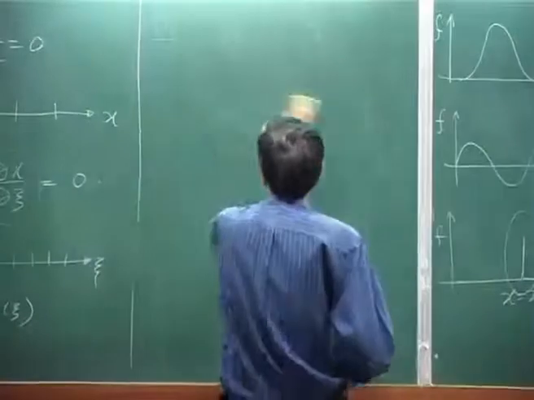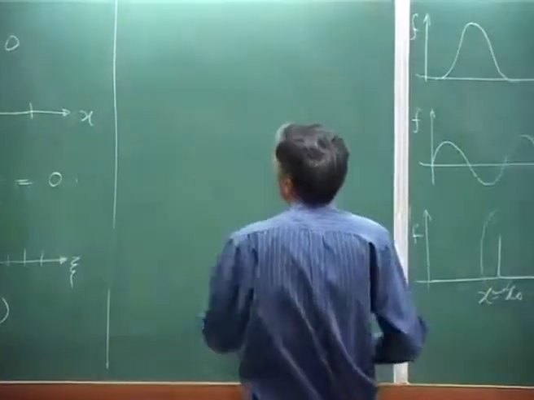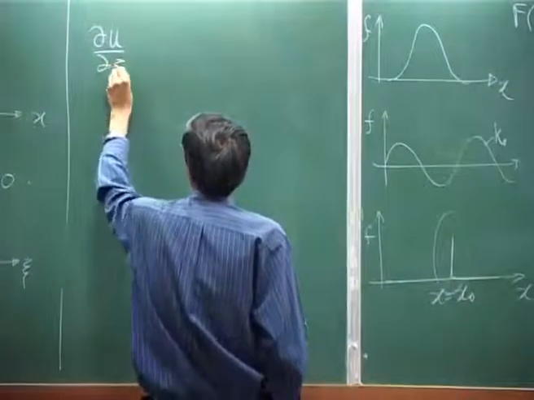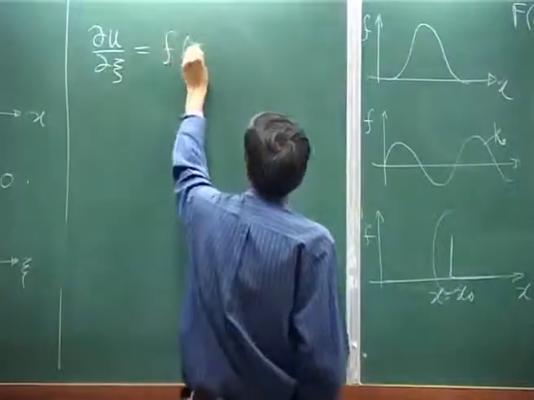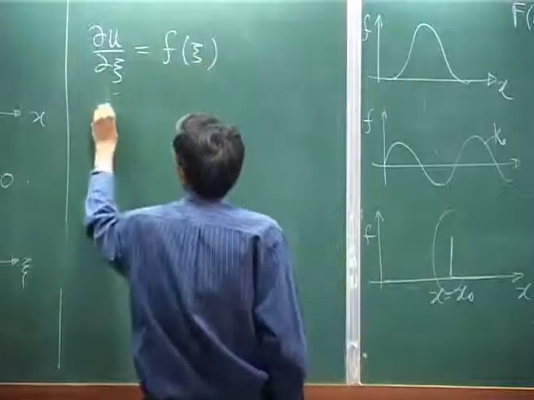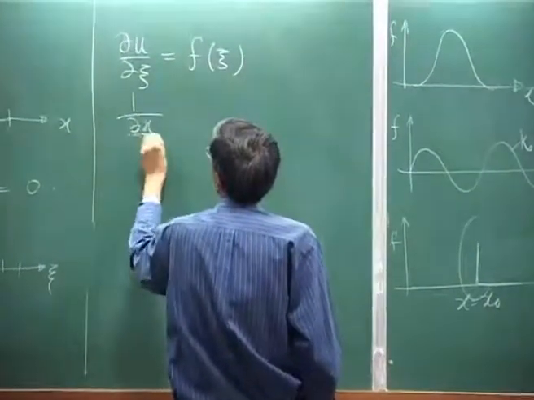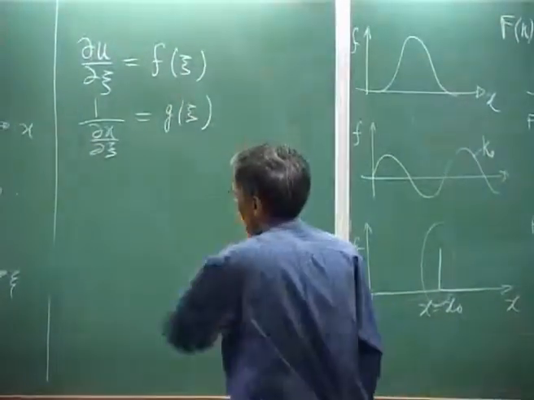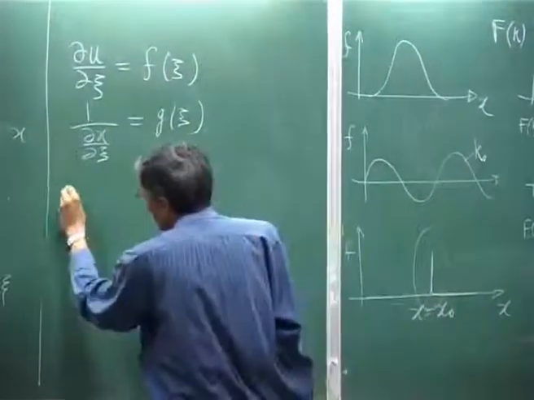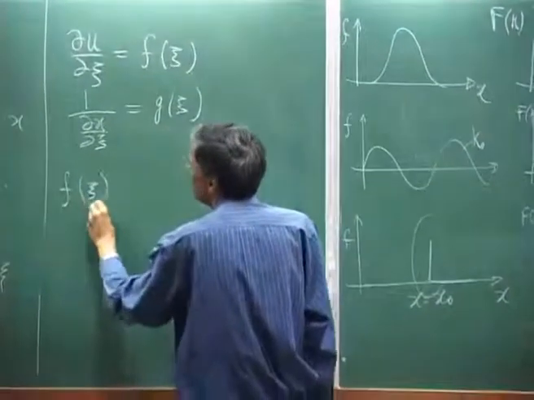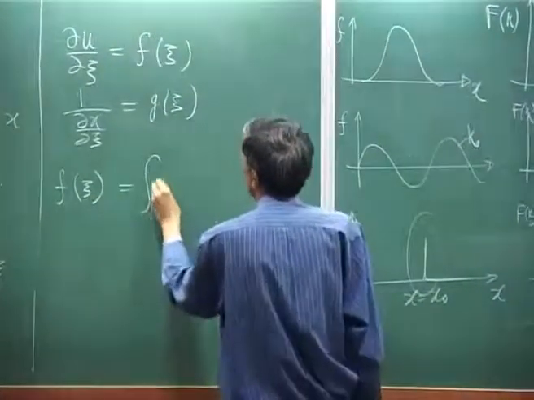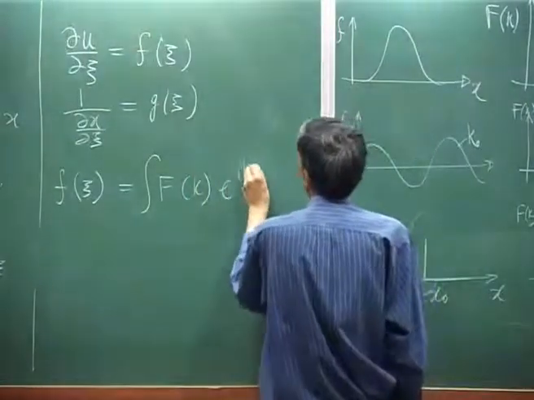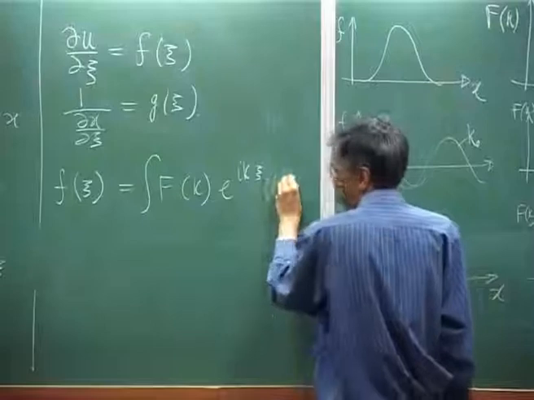This is what we anticipate. Let me write, for simplification, this as f of xi, and let me call one of del x del xi, let me write it as z of xi. Now, if I am writing this, I could write it as f of k, let us say, e to the power I k xi dk, right.